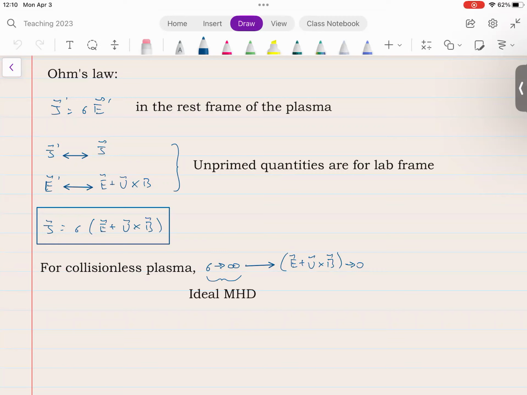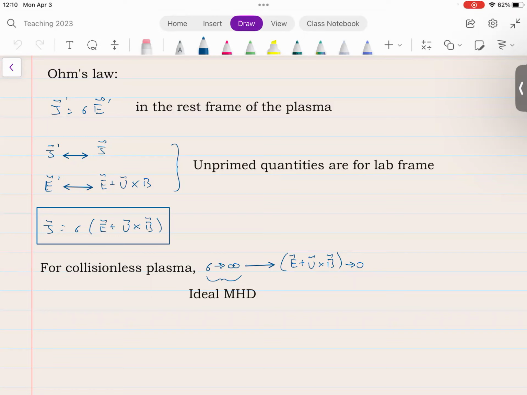Okay, this is apparently pretty simple, but in reality, it takes quite a bit of work to derive an Ohm's law essentially from the momentum equations.